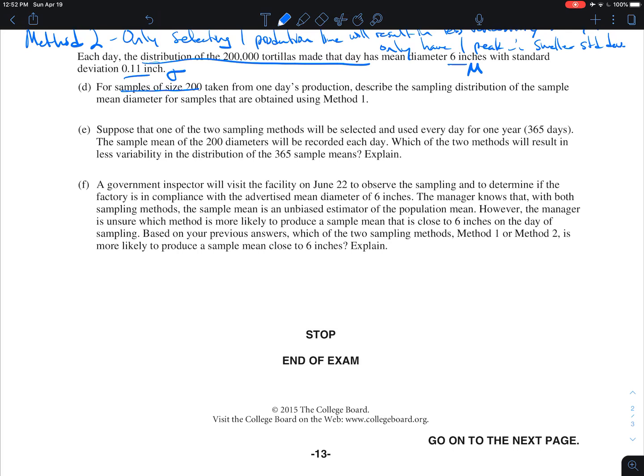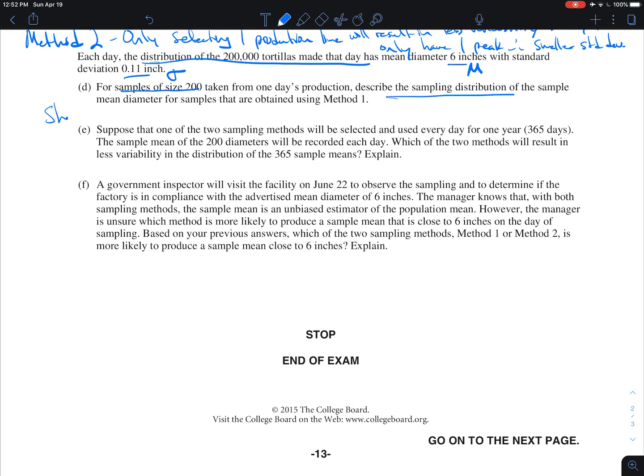So, let's see. First, describe the sampling distribution. So I want shape, outlier, center, and spread, but outliers are probably not here nor there when it comes to the sampling distribution. So shape, center, and spread.